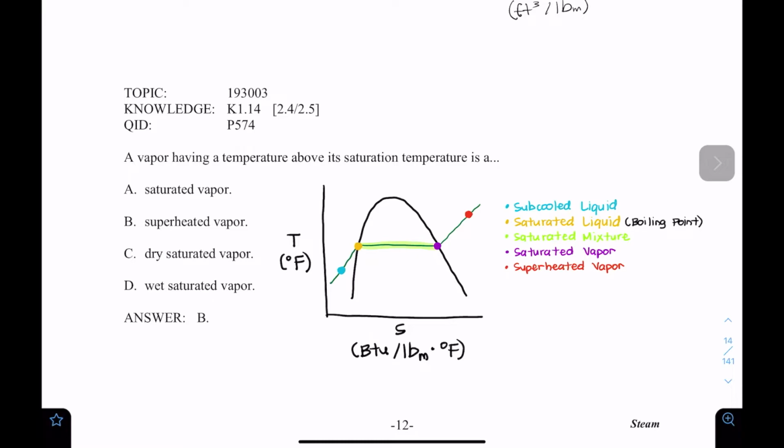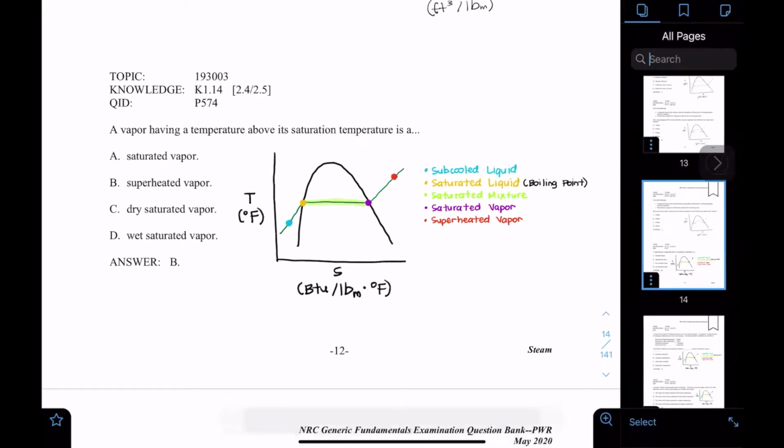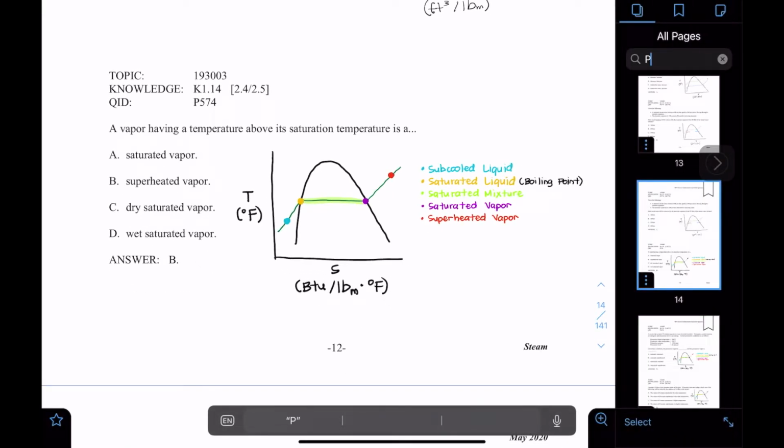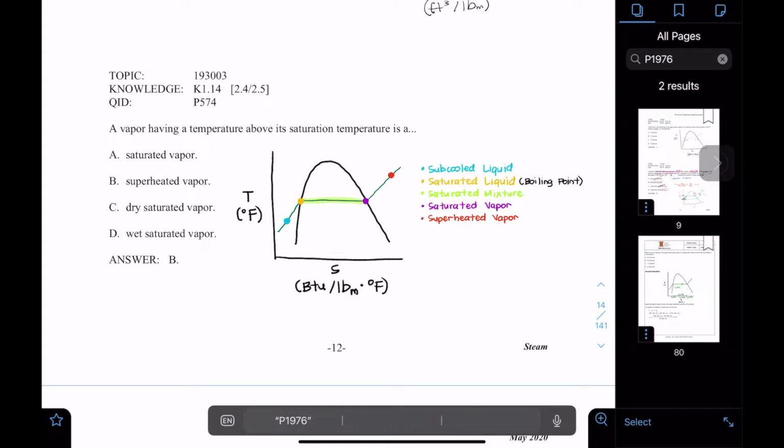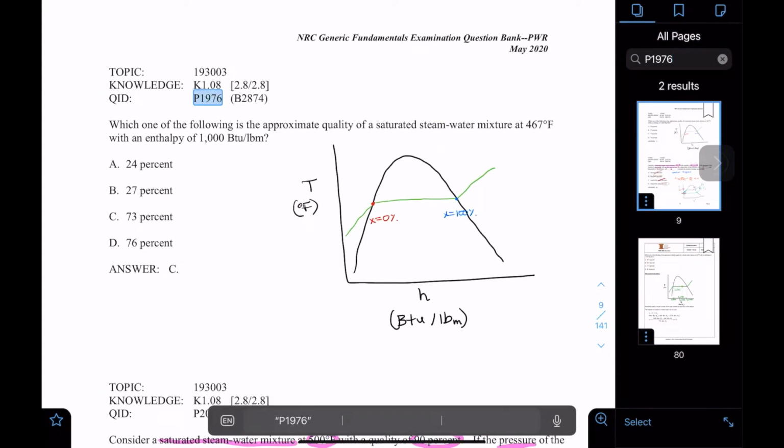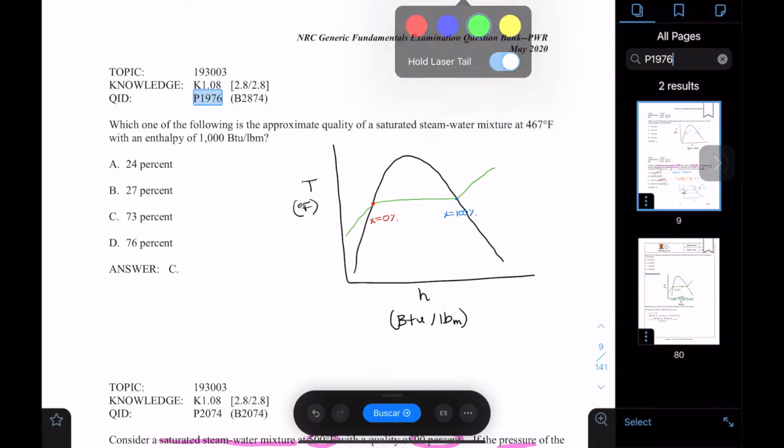Okay, so now let's take a look at a question we haven't seen yet. Question P1976. Okay, this question. For question P1976, we're gonna use a formula.